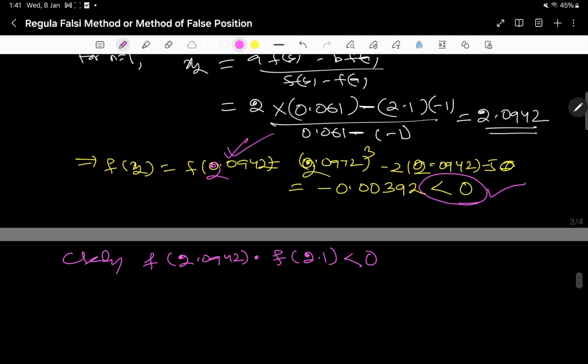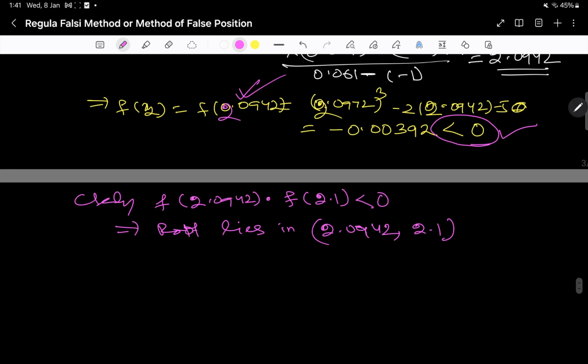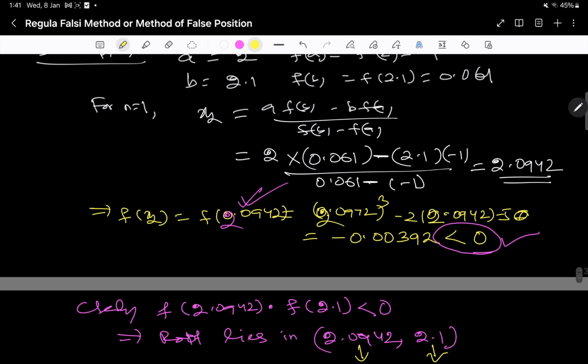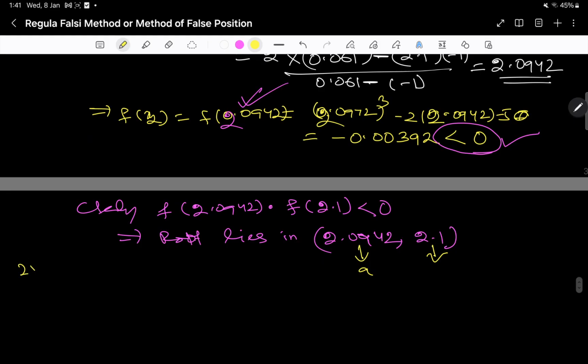So this implies the root lies in 2.0942 comma 2.1, in this interval the root lies. So in the next step I must take this value as my a and this value as my b, and accordingly I have to proceed. Now coming to my second approximation.